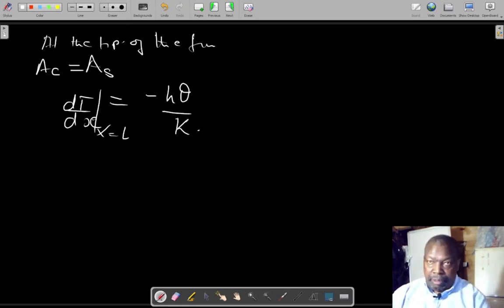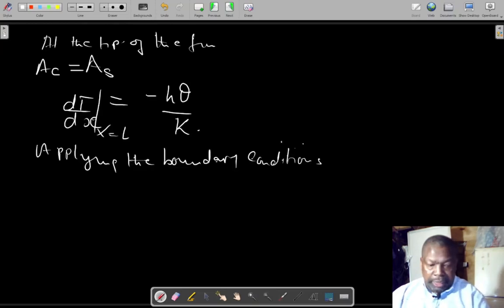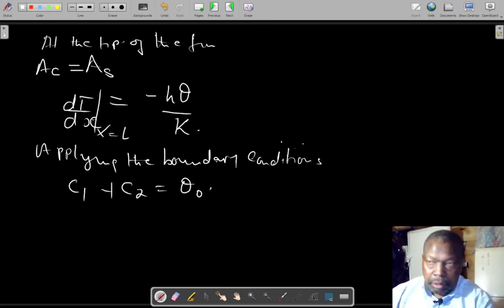So applying the boundary conditions, we get C1 plus C2 is equal to theta naught for the first boundary condition.